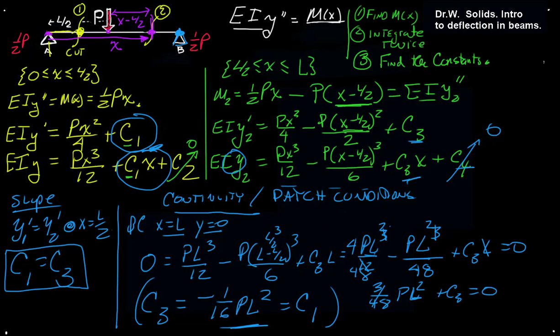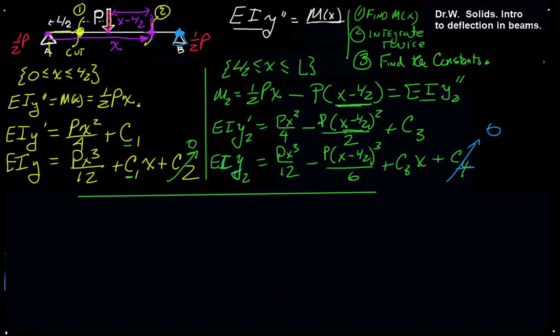Now, from the symmetry of this event, these equations really do relate to each other well as if you're working in from either end. From here, we'll get our solution as EIy as a function of x is Px cubed on 12 minus PL squared over 16 x.